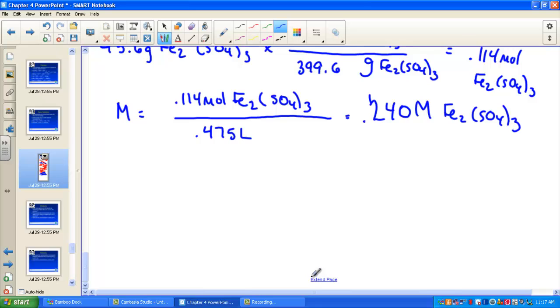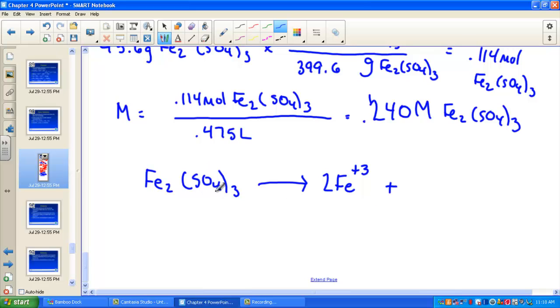Now if we consider the next part of that and ask ourselves what would that make the concentration of each ion, it really has to do with just the stoichiometry. How many ions of each dissociate? In our compound, I'm noticing that there are 2 irons. And when they dissociate, they're going to release 2 units of an iron plus 3 charge aqueous ion.